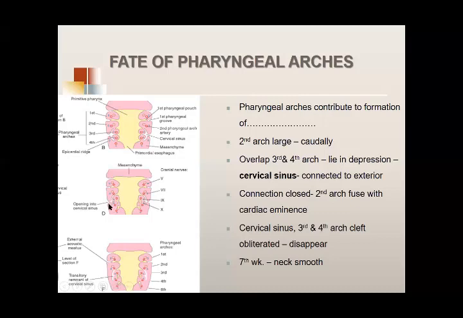Then it goes, the second arch as it is growing caudally, it goes and fuses with the cardiac eminence. अब ये जो cervical sinus था, this then disappears, and by the 7th week the neck becomes smooth. ये देख लीजिए. The neck has become a smooth structure. अभी तक ये देख लीजिए elevations की. अब ऊपर सिर्फ elevation रह गई है. Lower down a smooth structure is formed.